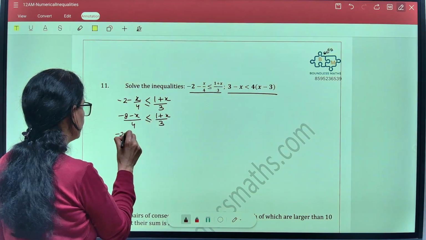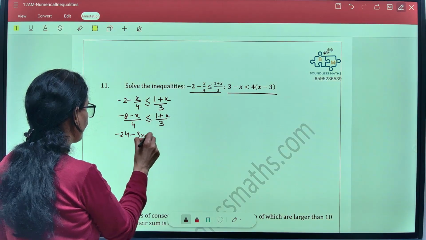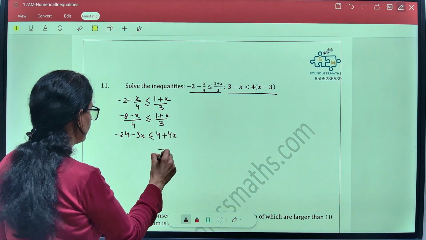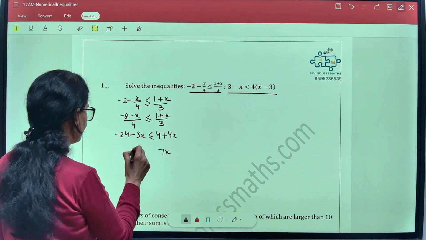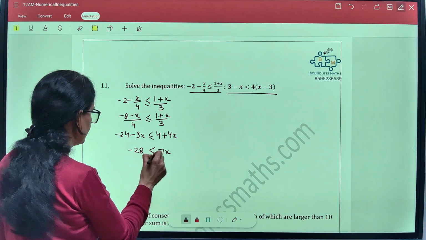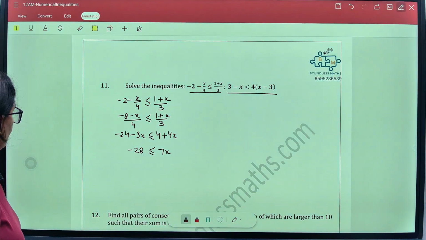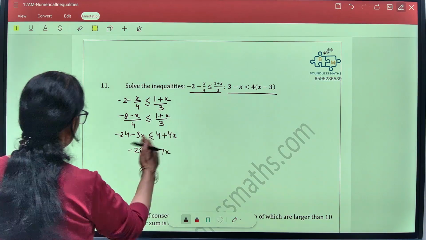Cross multiply. 4 plus 3 becomes 7x, minus 24 and minus 4 becomes minus 28, less than or equal to, okay, 4 plus 4x, and it is minus 24 minus 3x. So bring 3 plus 4, 7.